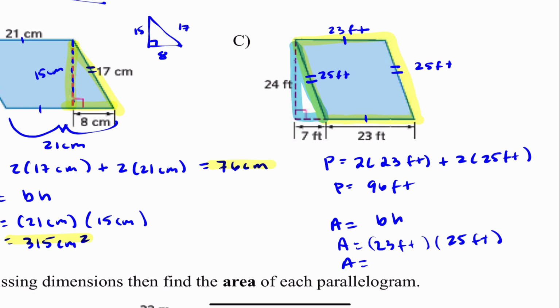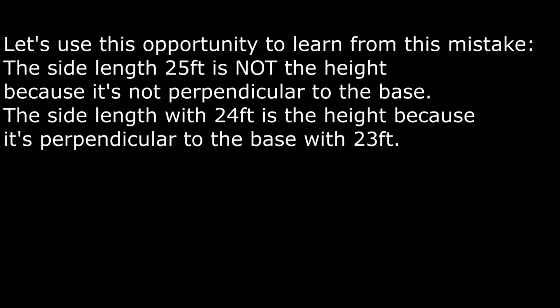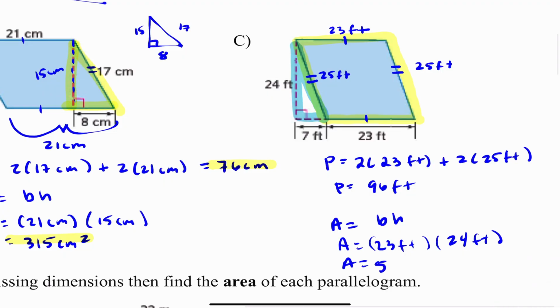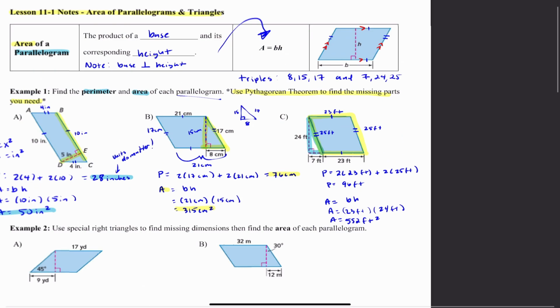This is 23 and the height is 24, so I should put 24 here. So 23 times 24 is 552 feet squared, because feet times feet is feet squared.